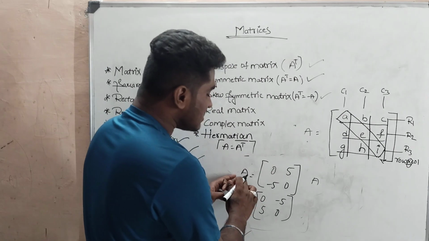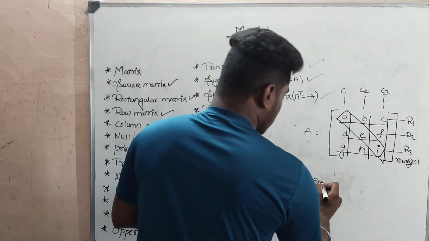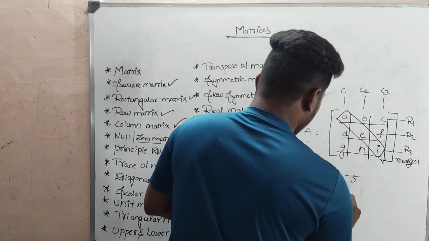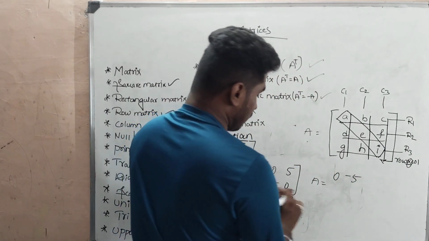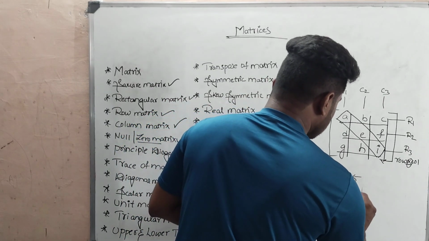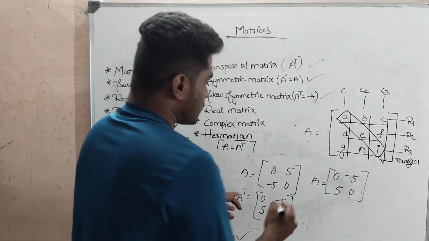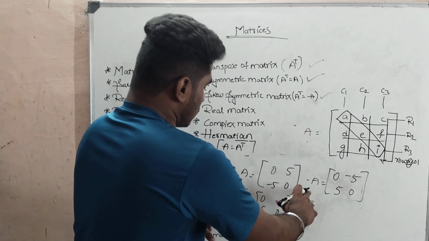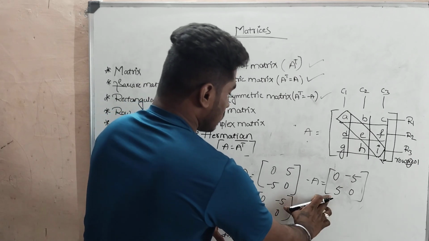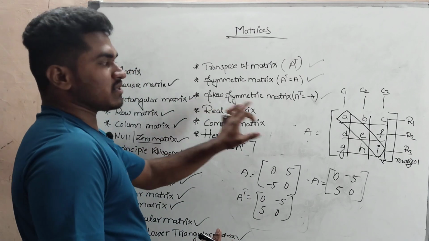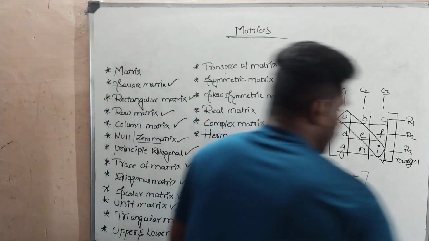When we multiply this particular matrix with minus, that matrix is transformed as 0, -5, minus into minus plus 5, and then 0. So what you observed, see here: A transpose is equal to minus A. So this is what the skew symmetric matrix is.